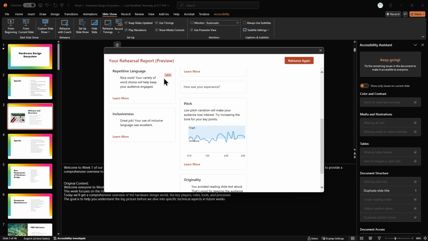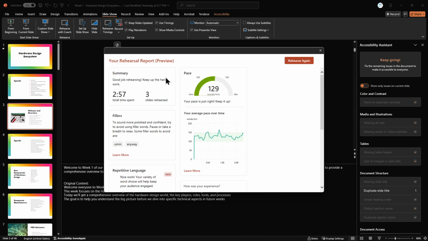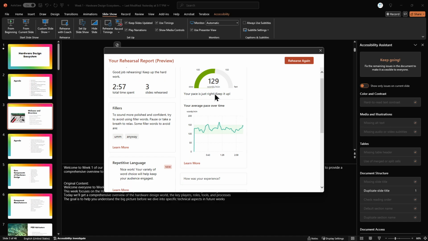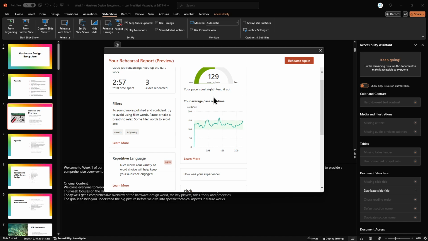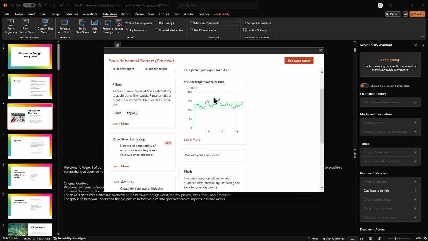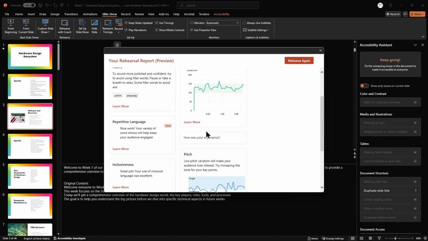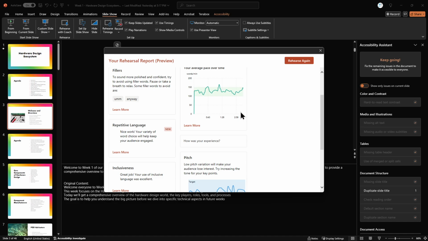I don't know who hasn't been talking about Copilot or Coach, whatever this thing is called. It also shows the pace that I was talking at. So a little over the middle here, that's in the green area. That's good. My average pace over time looks phenomenal, right? And how my pace decreased and increased.